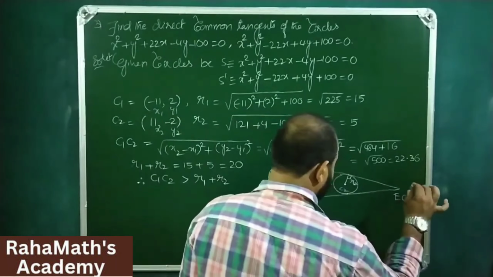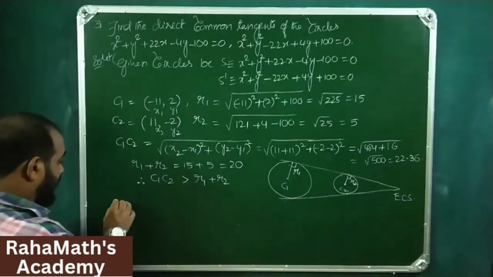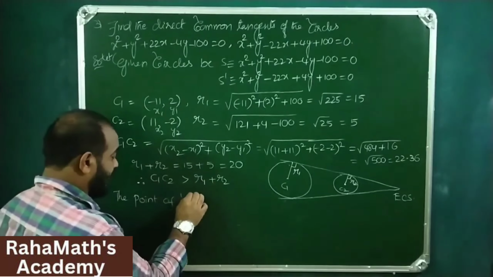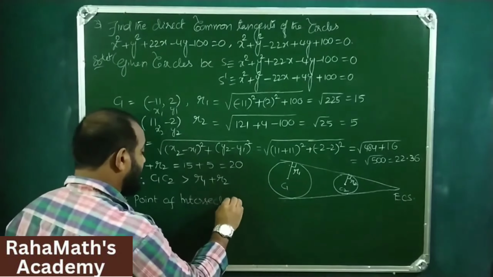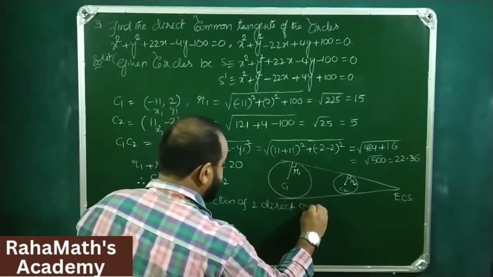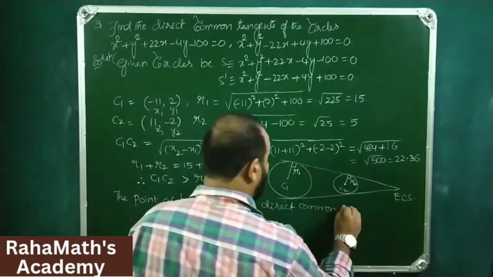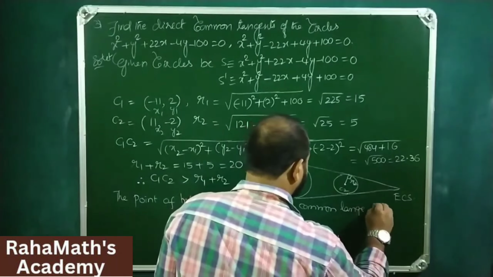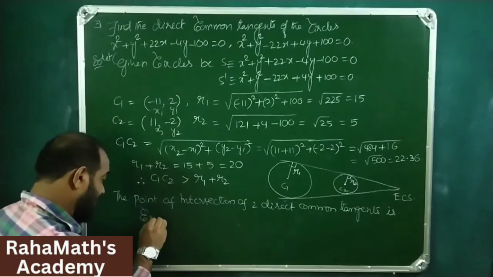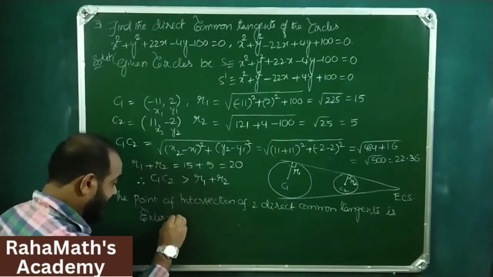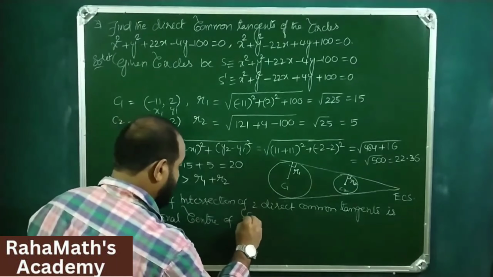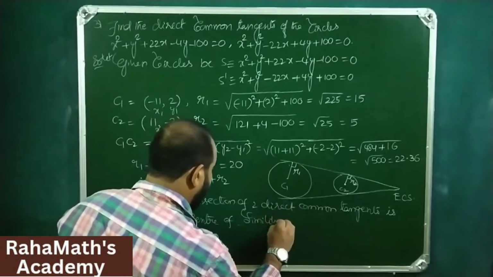The point of intersection of the two direct common tangents is the external center of similitude.